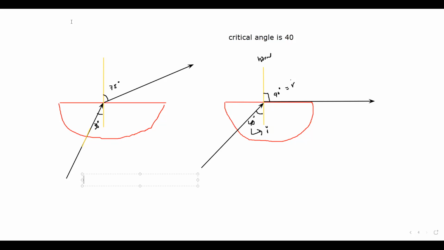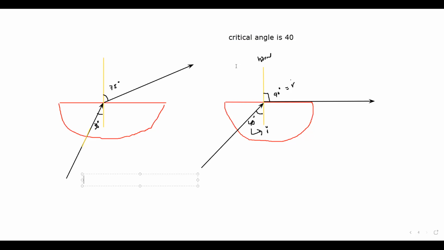How can we use a critical angle to find the refractive index? As we know, the ray is passing, and the angle of refraction can be calculated, or you can also measure it using a protractor. So both ways it can be done.